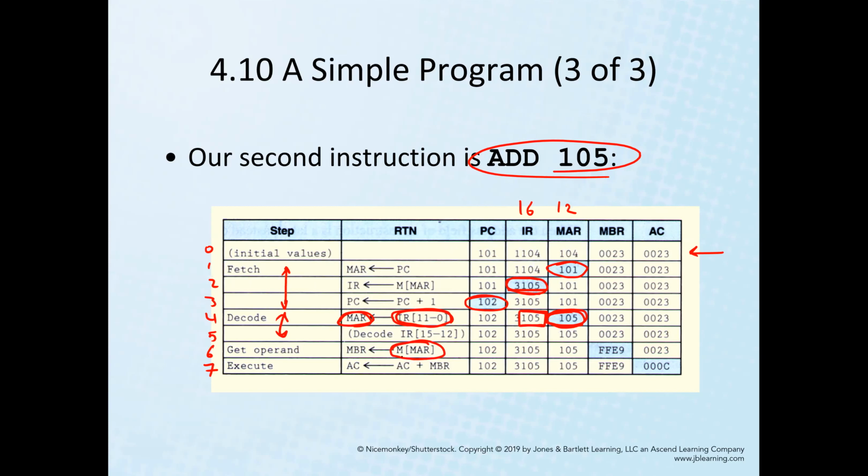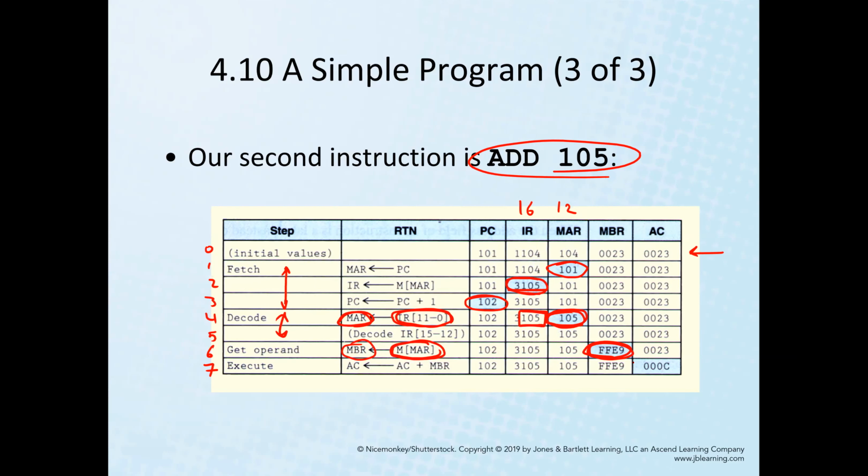So the content of address 105 will be moved to MBR. What was the content of address 105? If you remember, the content was FFE9.